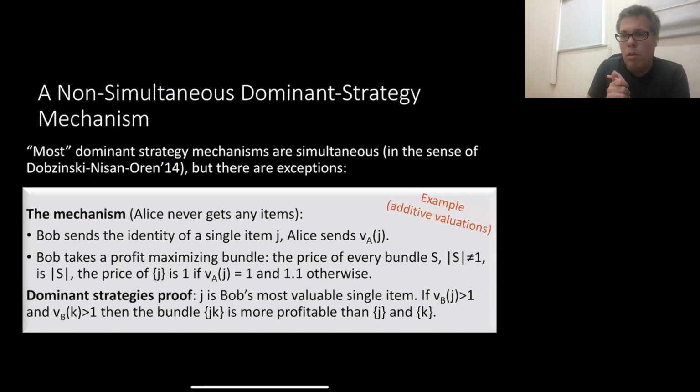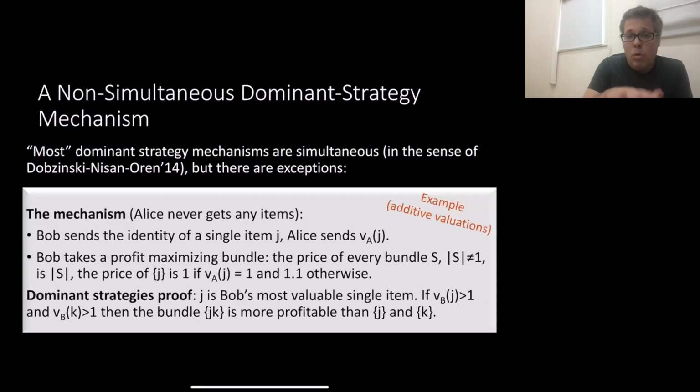We're going to consider only the domain of additive valuations. By additive valuations, it means that every item has a value, and the value of a bundle is simply the sum of the values of the items in it. I'm going to show you that there is a mechanism that is really not simultaneous and is dominant strategy in this domain.